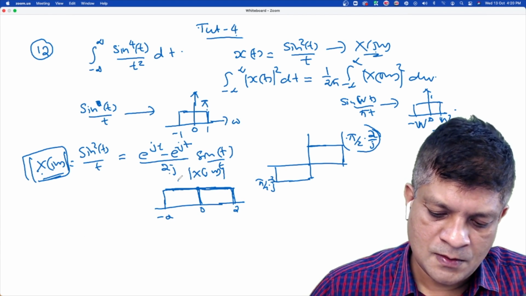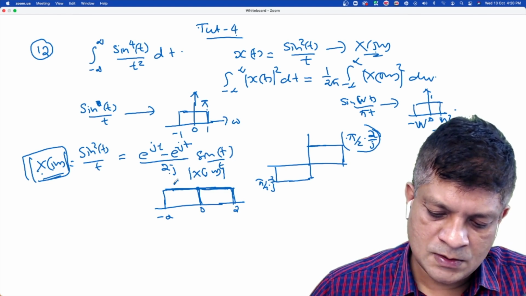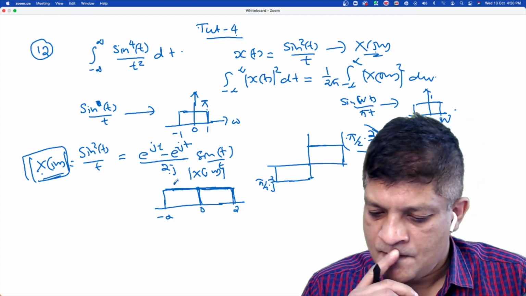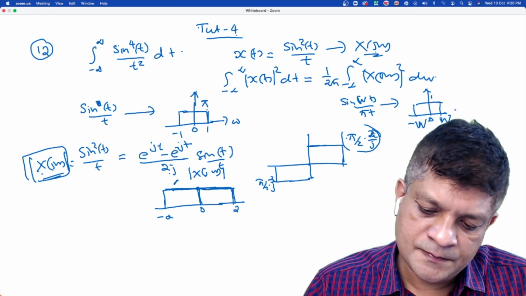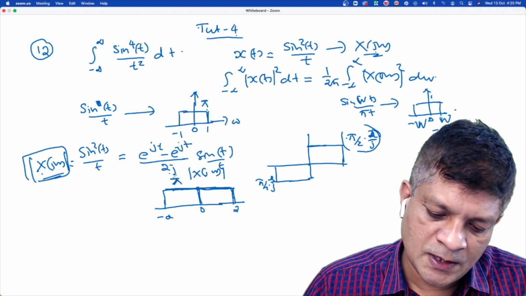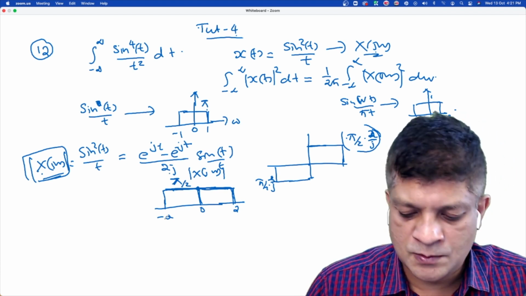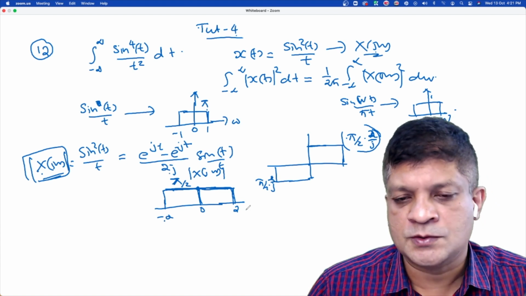So it should be pi by 2. What is wrong? Missing something. 1 by j. So it should be 1 by j instead of 2 by j. Yeah, it is 1 by j. So it is pi by j. So the magnitude is pi by 2, isn't it? This magnitude is pi by 2 from minus 2 to 2.